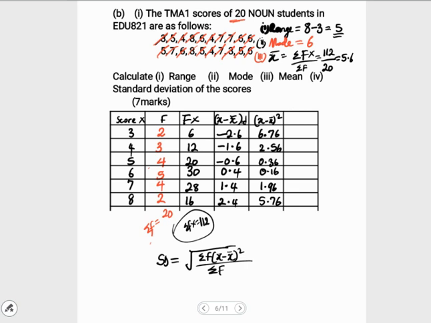So the next thing we are going to do is to find our f of x minus x bar square. So we are going to multiply the frequency by the squared of the deviation of the mean from the score. So we are going to have 2 multiplied by 6.76.